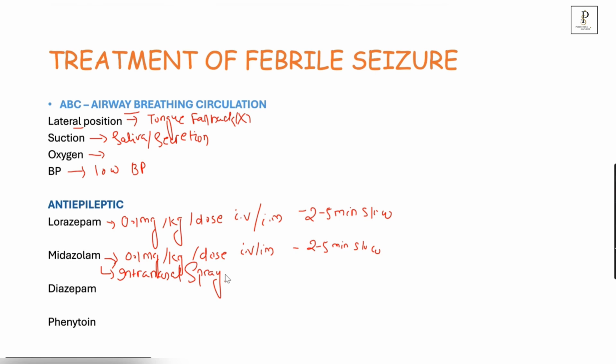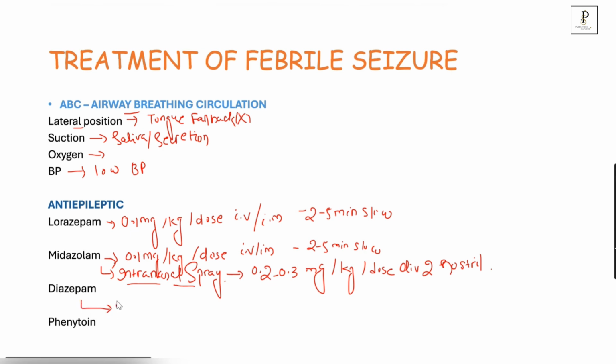Usually the dose is 0.2 to 0.3 mg per kg per dose, divided between two nostrils. So intranasal spray is very important. Parents can keep it handy at home and use it.